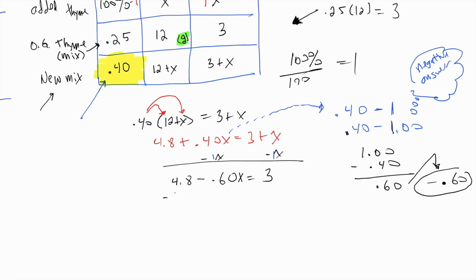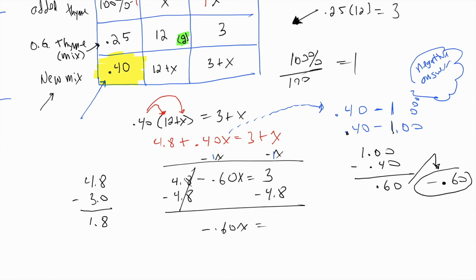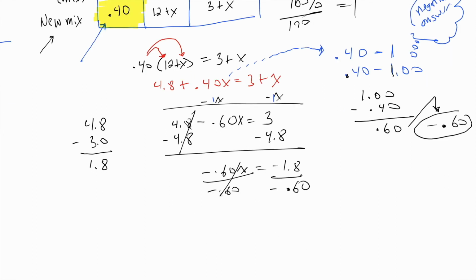So 4.8 minus 0.60x equals 3. So you have minus 4.8 and minus 4.8. So you get 3.0 minus 4.8. What'd you get? 1.8, but is it really 1.8? Yep, negative 1.8 equals negative 0.60x. So first of all, is the answer positive or negative? Yeah, so we can forget the negatives. And let's write this like third graders.